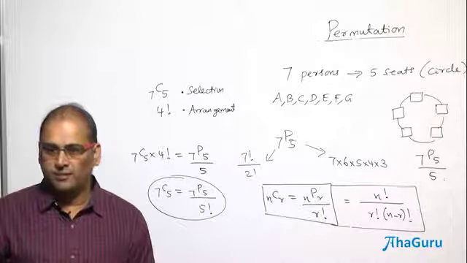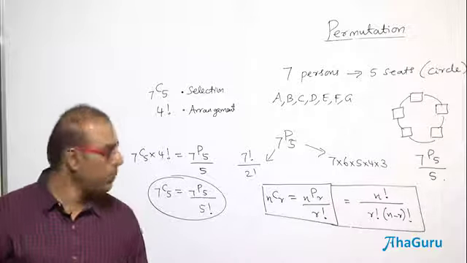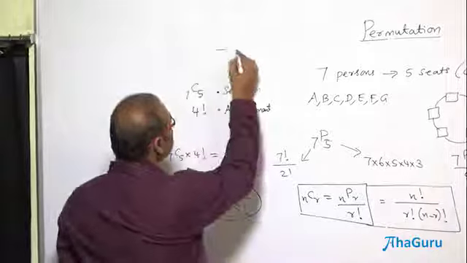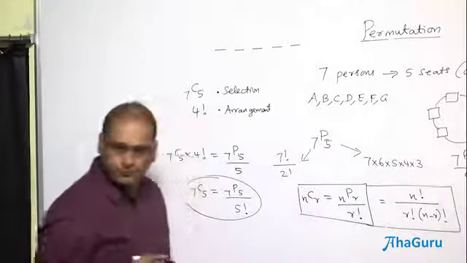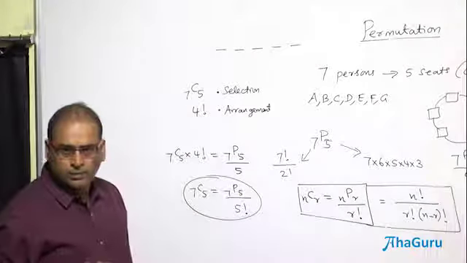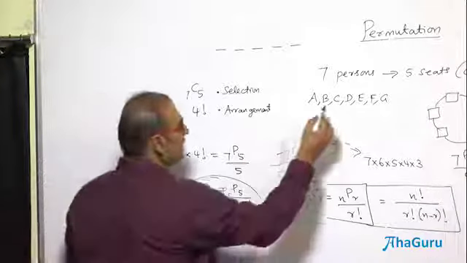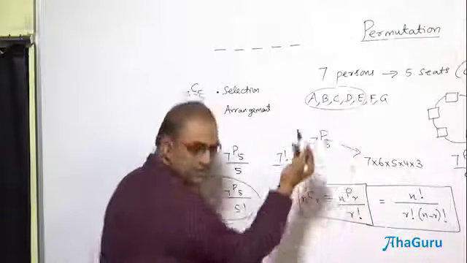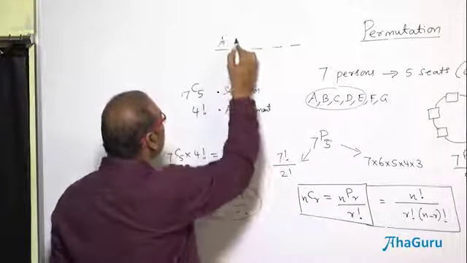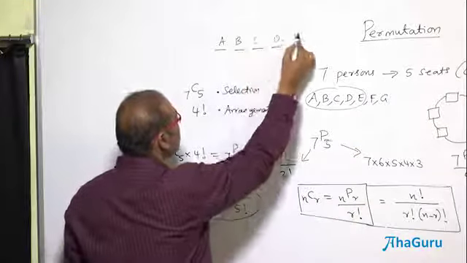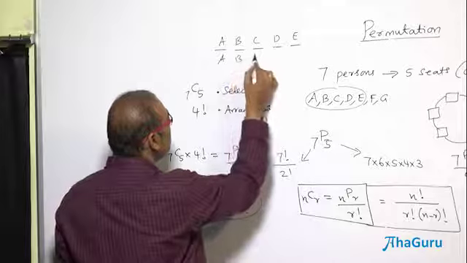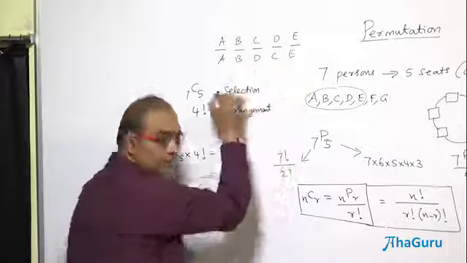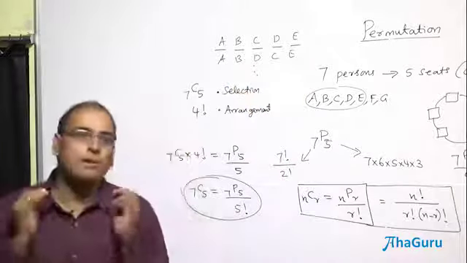Are you able to understand? Clear? You got 5 seats, correct? Now if you are going to select, say, A, B, C, D, E, you are going to write A, B, C, D, E and then A, B, D, C, E like that. With A, B, C, D, E alone, how many permutations do you have?